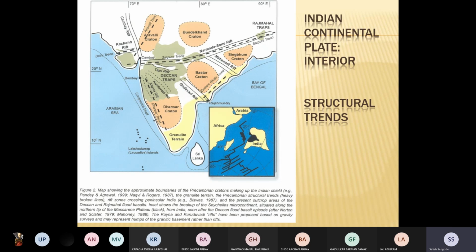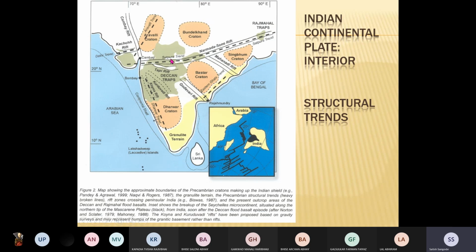Similarly, the Mahanadi Rift. Similarly, the Narmada Son Rift. The difference between the Godavari Rift, Mahanadi Rift and Narmada Son Rift has to be understood in order to discuss the accretion of these different cratons.